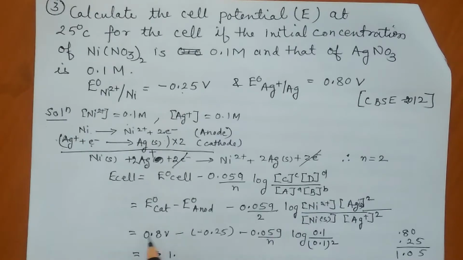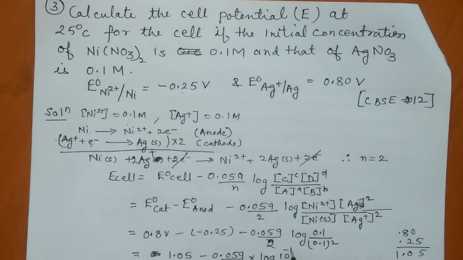So it is 1.05 minus 0.059 upon 2 into log, and you get log of 10 raised to minus 1. When you solve, 1 upon 1 by 10 is 10 raised to minus 1, and this minus and this minus become plus, and log 10 is 1.